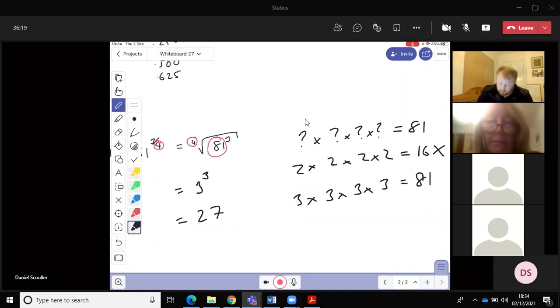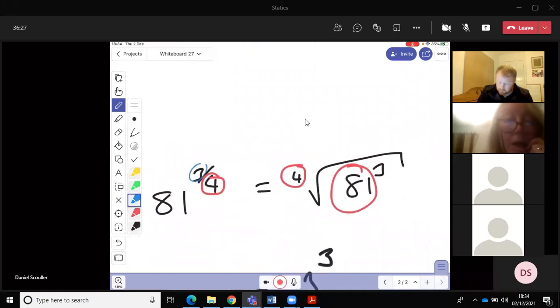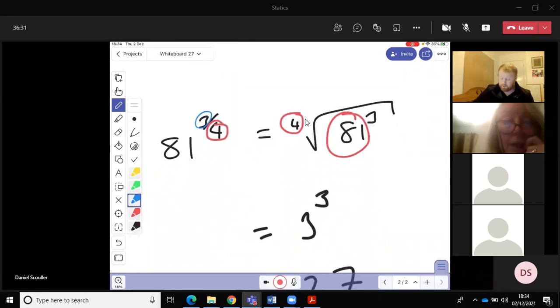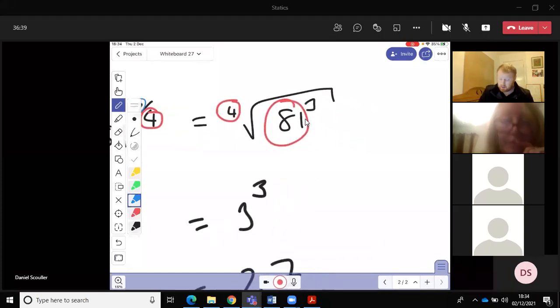So that number here, the power there, remember that's just coming from the top of that fraction. So it's 81 to the power of 3 over 4. The 4 becomes the root, and the 3 stays as the power. Right, yeah, I get you. So the 3 stays where it is. The first part, we just concentrate on the root.